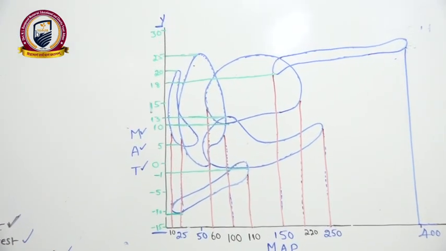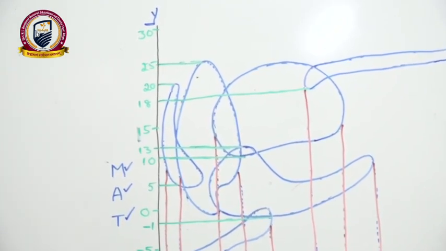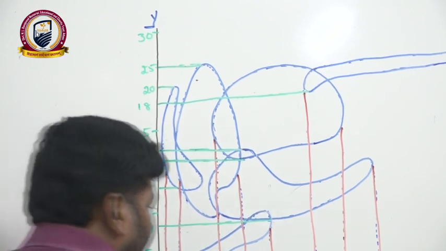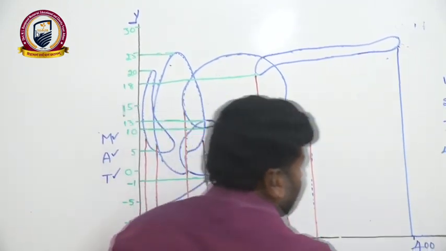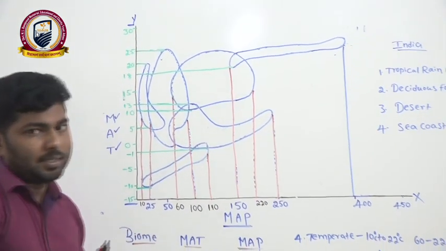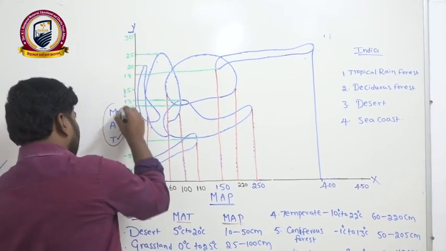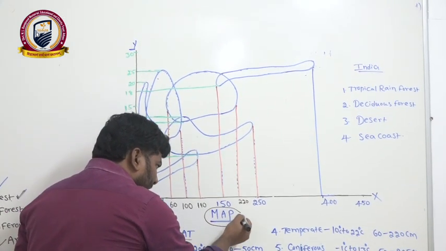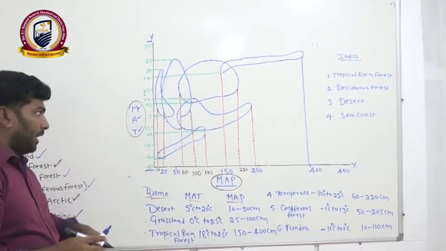Annual means the yearly average temperature. Similarly, we have taken mean annual precipitation on the x-axis. Clear? These variations in mean annual temperature and mean annual precipitation lead to the formation of different biomes, as I told you clearly.